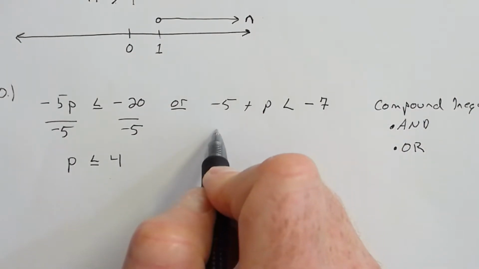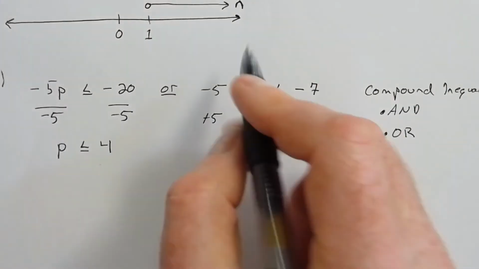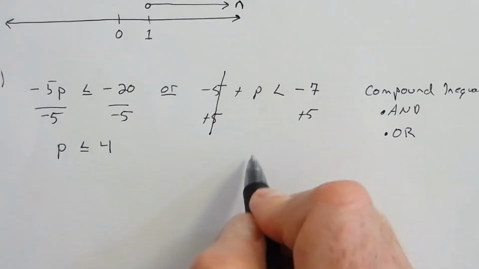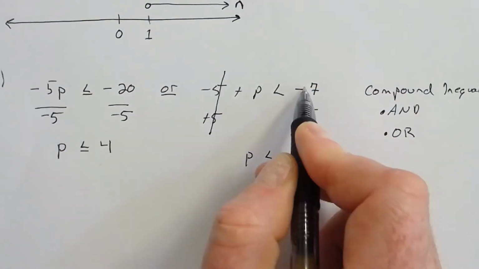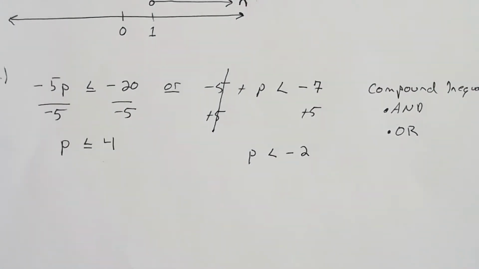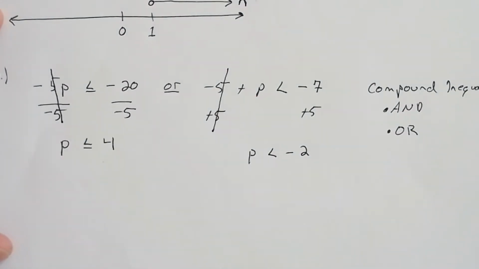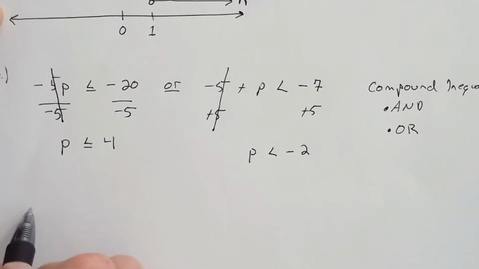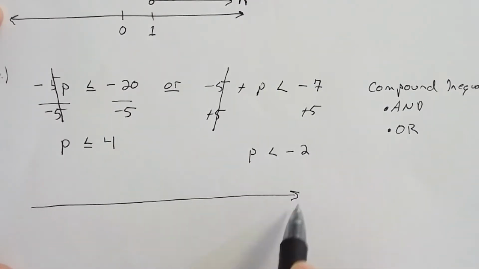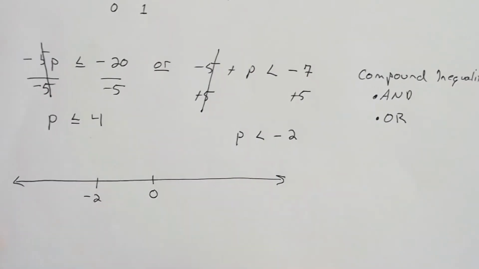So we're just going to add 5 to both sides. Add 5. Add 5. The 5s effectively are going to cancel out, and we'll be left with P is less than -2. So -2, is that going to be open or closed?